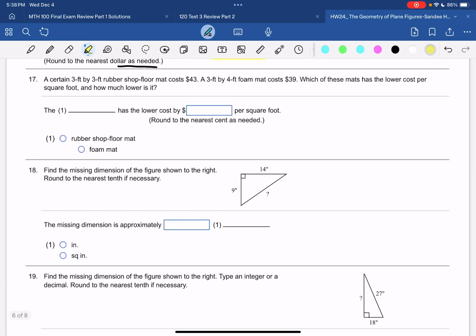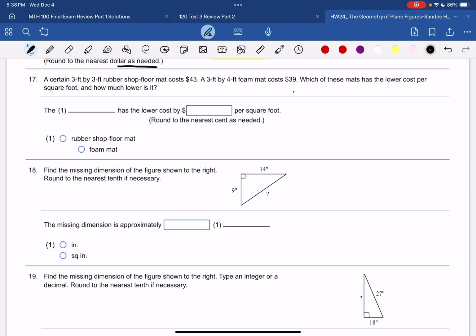Example 17. A 3-foot by 3-foot rubber shop mat costs $43. A 3-foot by 4-foot foam mat is $39. Which has the lowest cost per 1 square foot? Okay, well, let's find the square feet first.